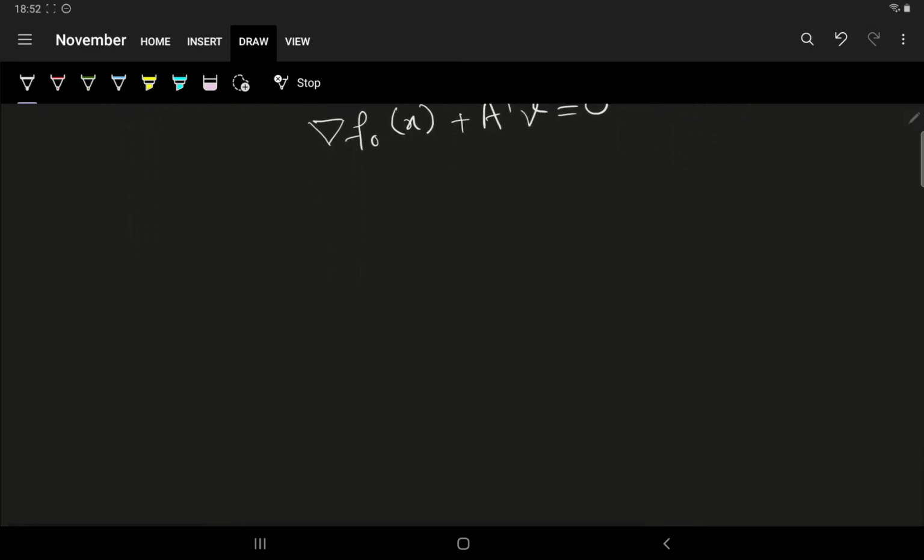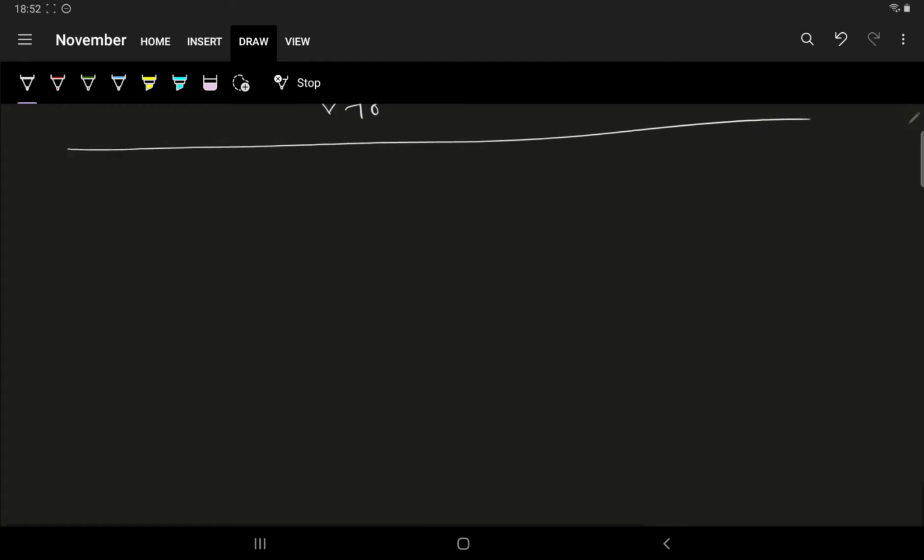Now we see minimizing over the non-negative orthant.